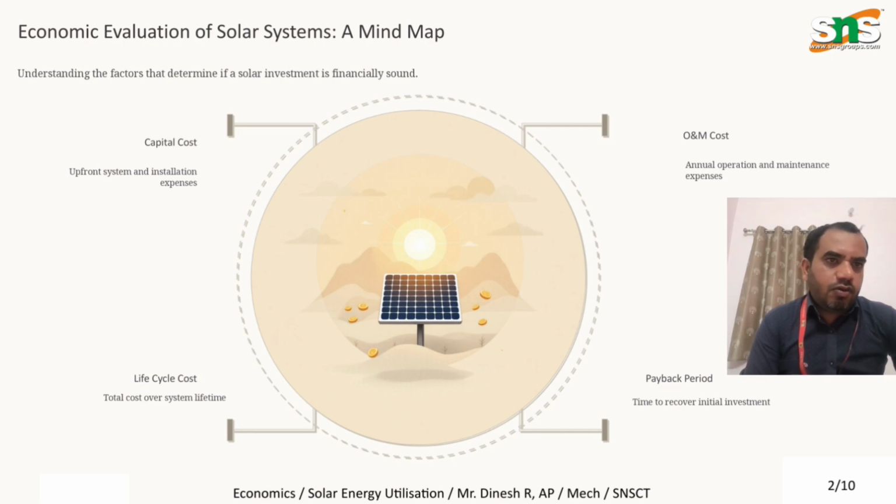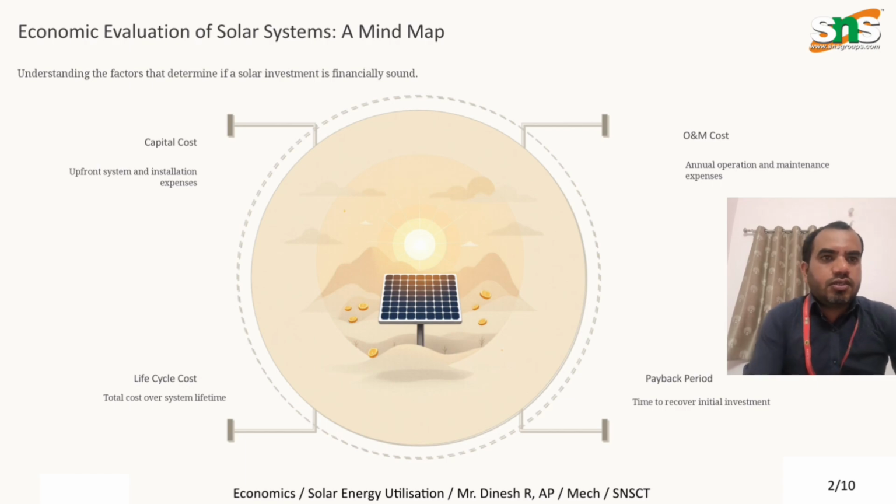So what is meant by capital cost? The capital cost is the upfront system and installation expense. While we are installing a solar system, the initial cost right from getting the solar panels and then installing them is what we call the capital cost for solar.